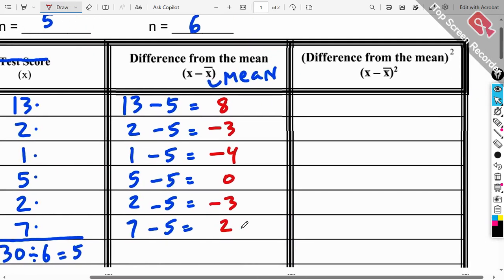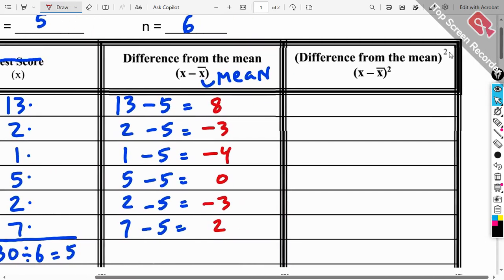Now for the next step, we're going to square each one of those. We found the difference from the mean, and we're going to square each one. Technically, it does not matter if these are positive or negative, because once you square it, it's going to be positive. So don't even worry about the plus or minus sign.